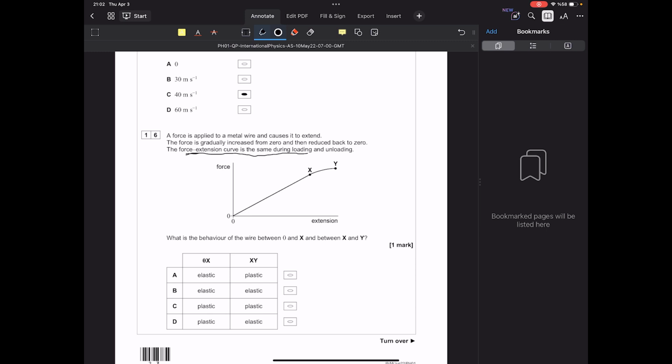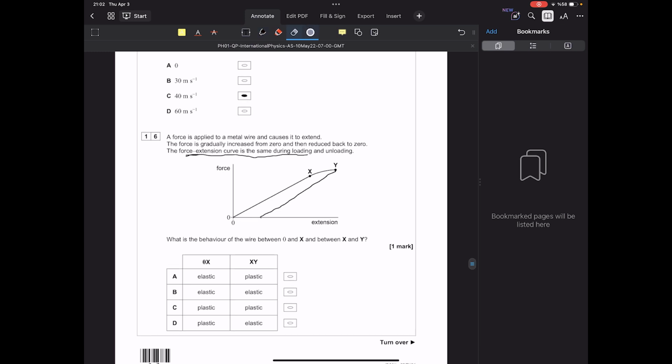If, for example, plastic deformation was being applied between X and Y, then after the forces were lifted off, so during unloading, the graph would be something like this. And there would be some permanent extension that the plastic deformation caused, since the object couldn't go back to its initial shape and size. However, if both of these go back to their initial shape and size, that means at both points, they're elastic. That's it for this question.